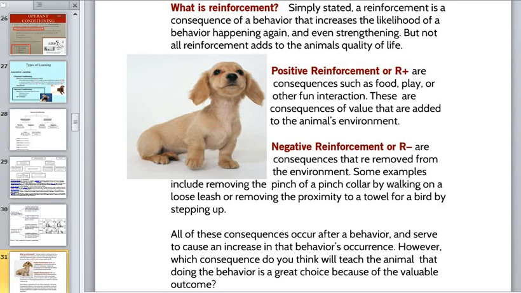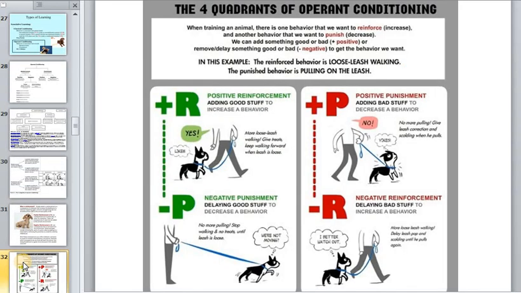All these consequences occur after the behavior and serve to cause an increase in the behavior's occurrence. However, which consequences do you think will teach the animals that doing the behavior is a great choice because of the valuable outcome? If you have dogs, of course.